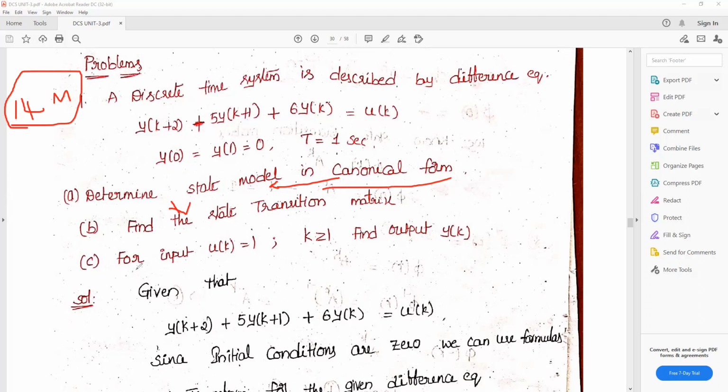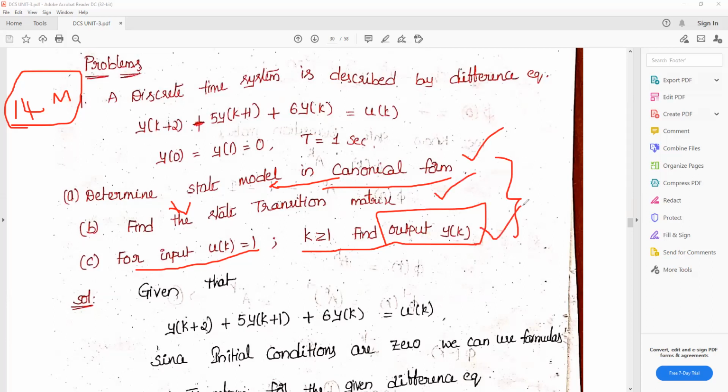For input u of k equal to 1, for k greater than or equal to 1, find the output y of k. So we have to calculate these 3: construct the state model, find the state transition matrix, find the output response y of k.